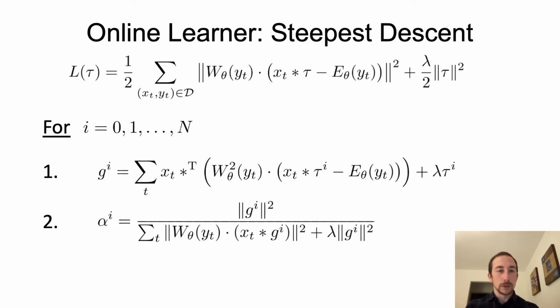This is also very simple standard operations that can be implemented in essentially one line of PyTorch code. And lastly, we update the current filters by taking a step in the gradient direction. So these 3 lines is essentially all you need to explicitly implement the steepest descent algorithm for this specific objective.